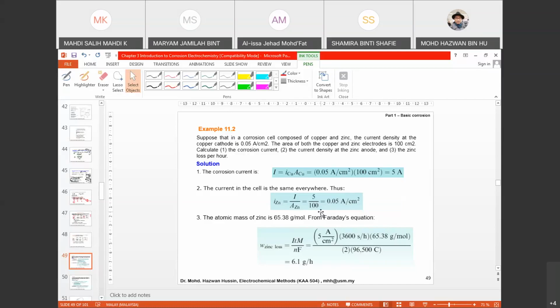But before that, just want to ask you, if you have this kind of setup, so imagine that you have over here a copper plate and also zinc connected to a voltmeter, dipped in the solution.